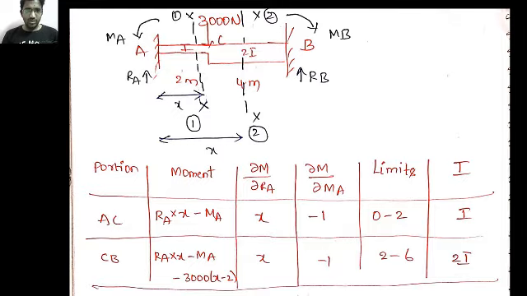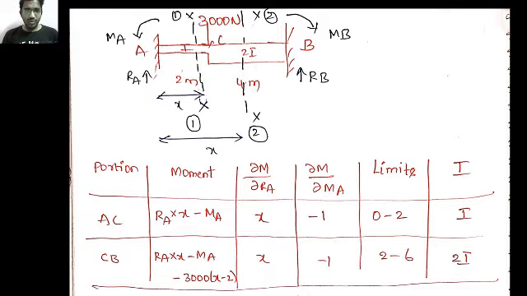So 3000 into the perpendicular distance. Here the entire distance is x, so when you remove the 2 meters, that is the perpendicular distance. That's why in the tabular column I have written RA into x minus MA minus 3000 into (x minus 2). So this is the moment operation.